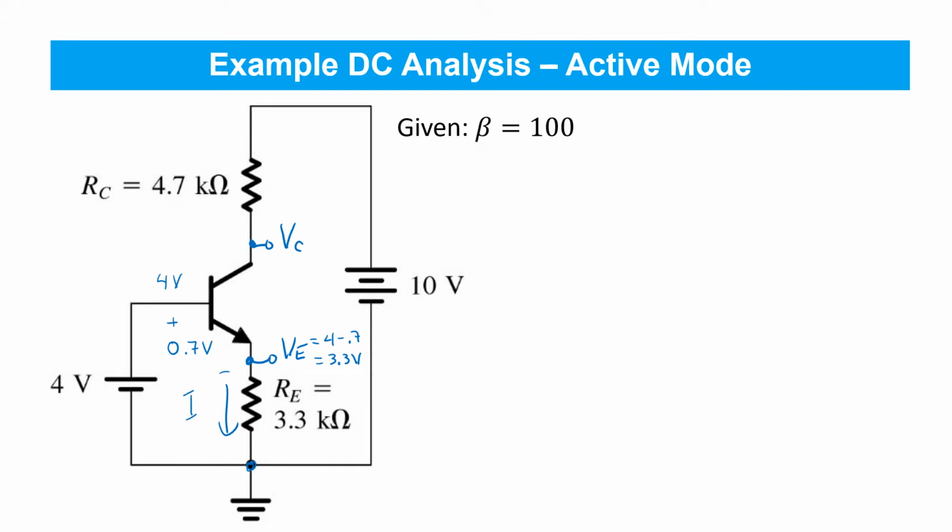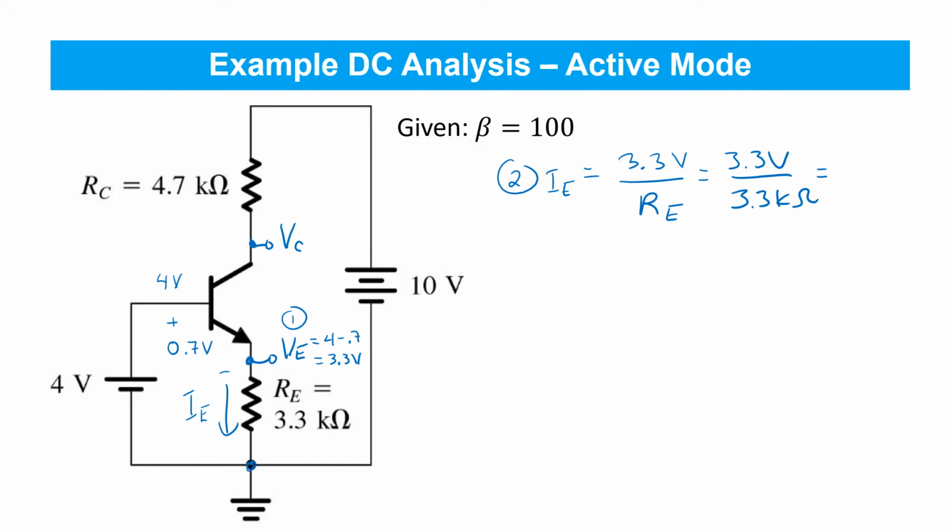Next step, well, let's call that step 1. Next step here is to find the emitter current. The emitter current is just found by Ohm's law. We've got 3.3 volts across the resistor RE. RE is 3.3 kilo ohms. So the emitter current is simply 1 milliamp.